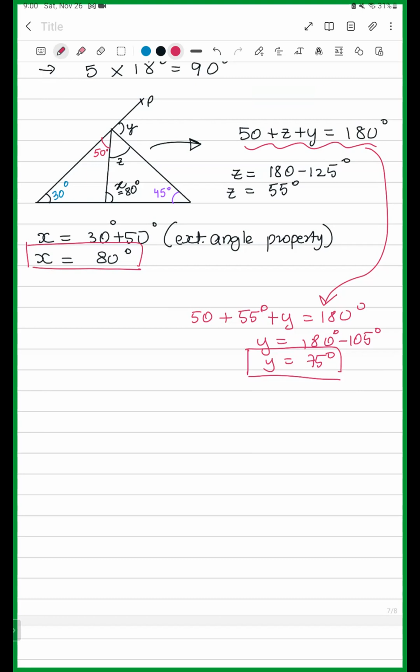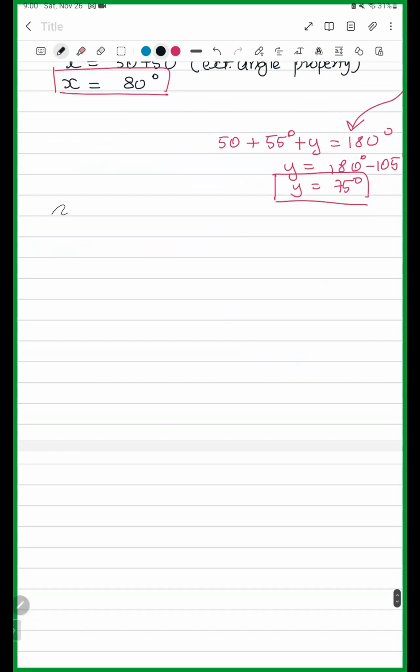Do you remember the hypotenuse, the Pythagoras theorem that we did? Can you kind of recall? First of all, where do we apply this?